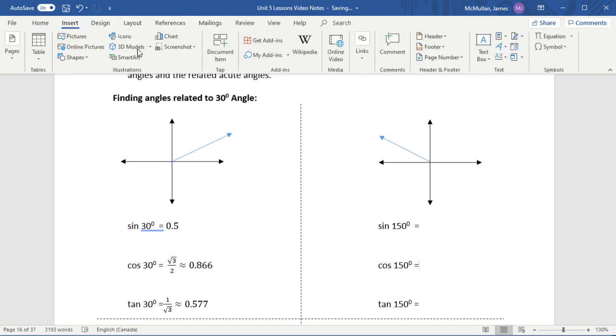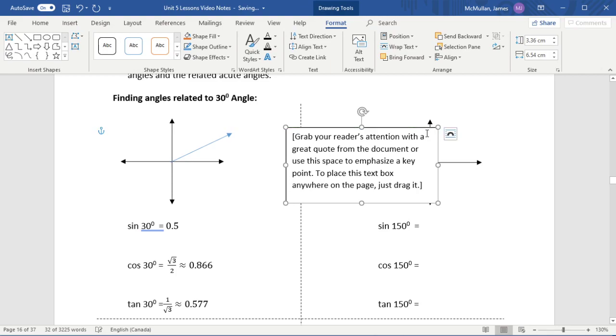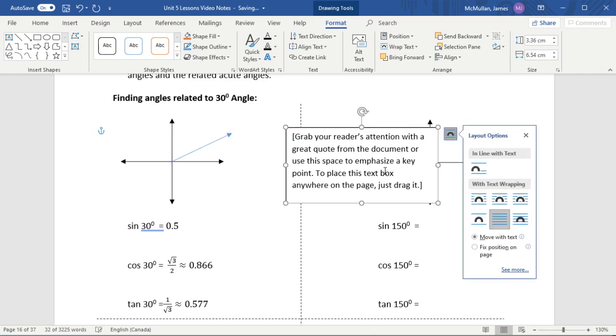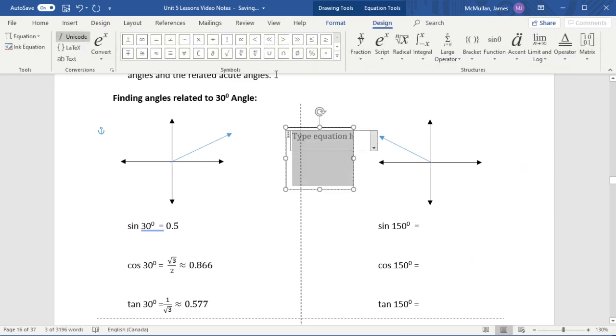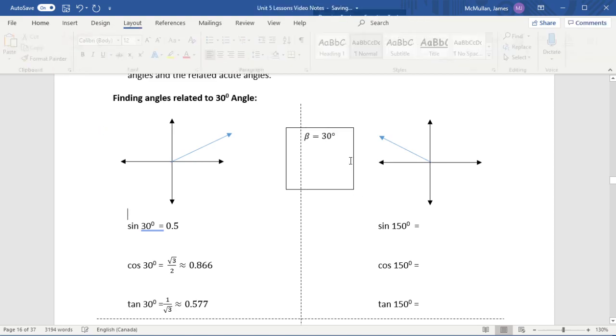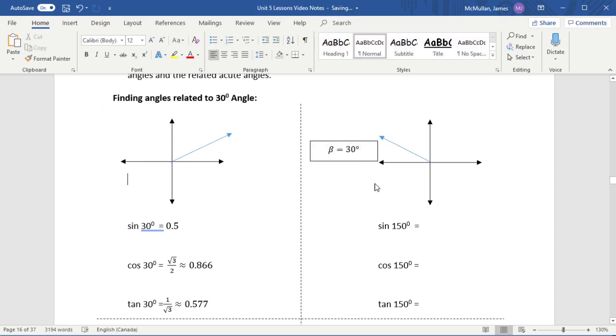Because in this picture, what is so important about why they chose 150 is that if you make the angle 150, then the beta, remember, beta is the angle it makes with the positive x-axis, the beta is 30, because from here to here is 30.